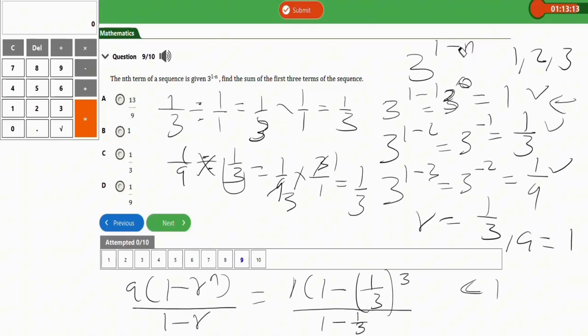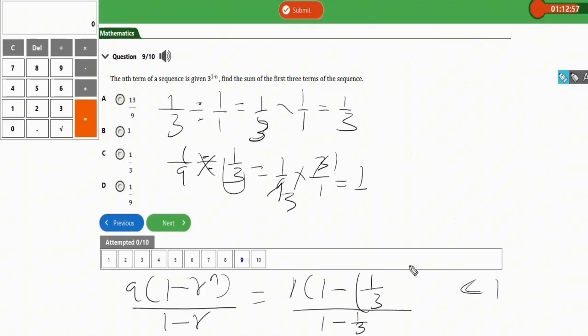Alright, so guys, let's break this down. Remember, this is to the power 3. Let's simplify the numerator we have here. So 1 over 3 in brackets to the power 3 is the same thing as 1 over 27.